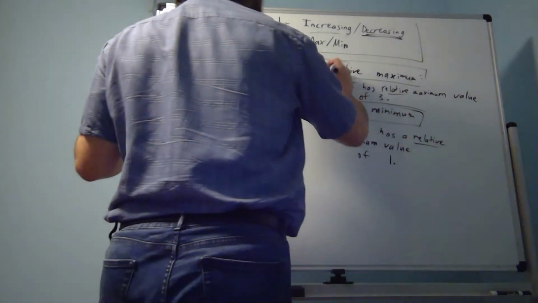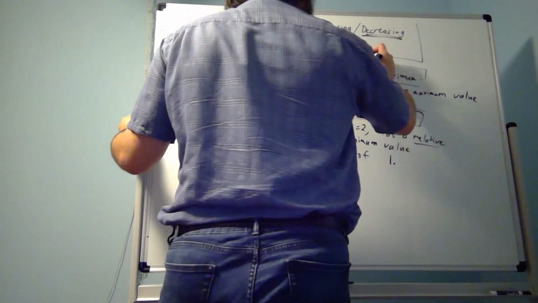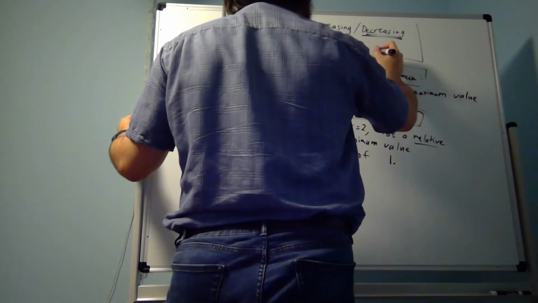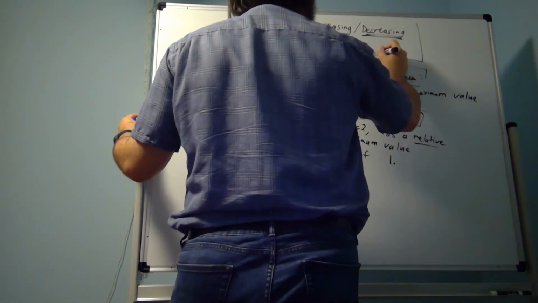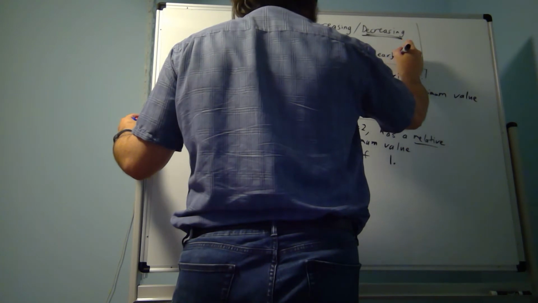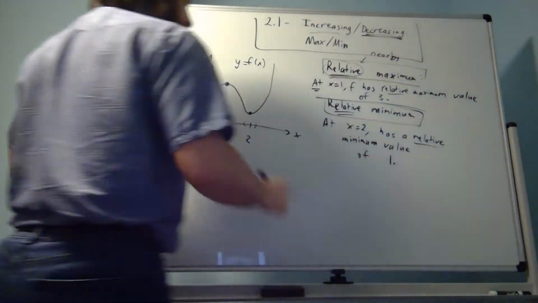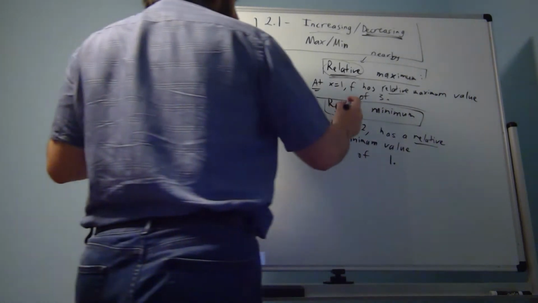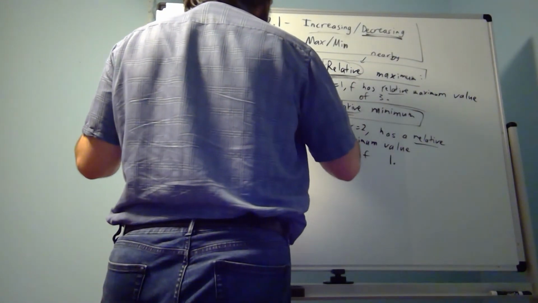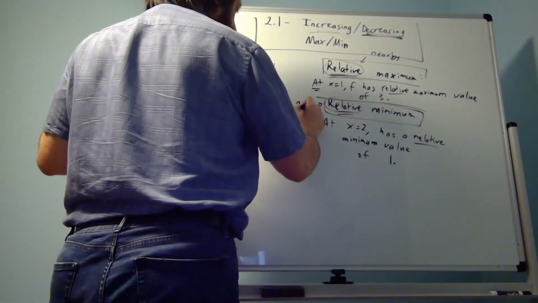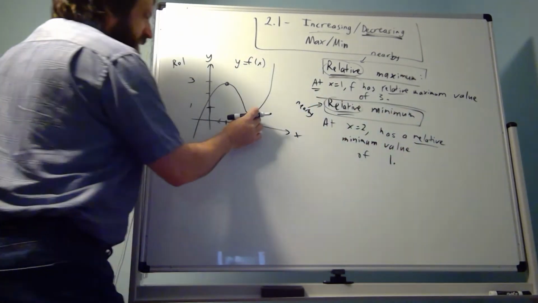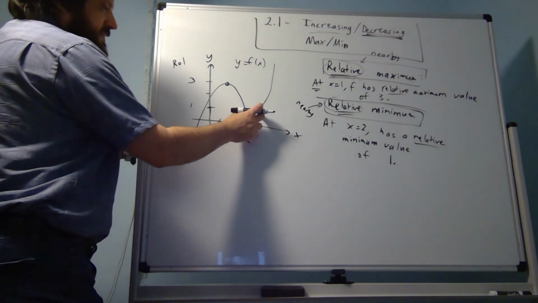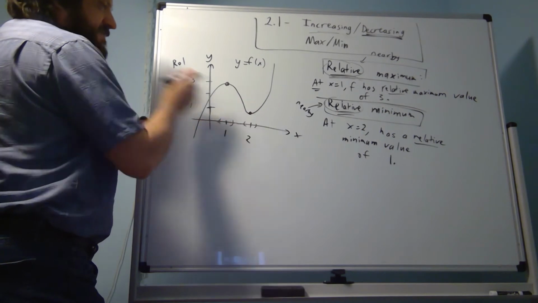So relative means kind of like nearby, not necessarily globally. You don't have to be the highest mountain in the world. You're just at the very top of the mountain. Same thing with this one. So nearby, you're the smallest that the function gets. So you're at the bottom of a valley.